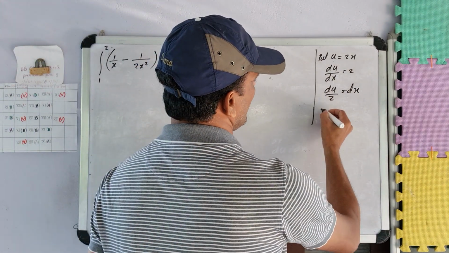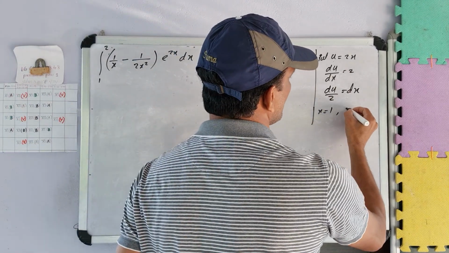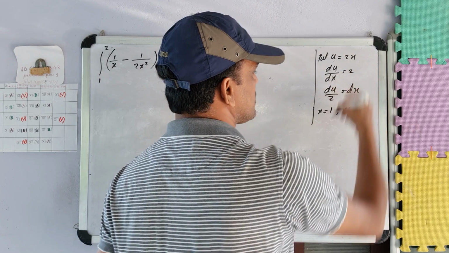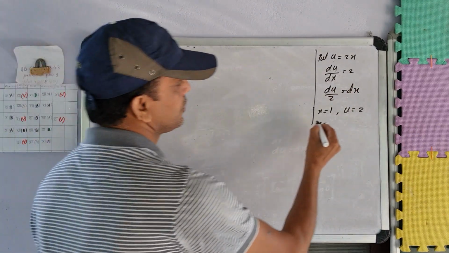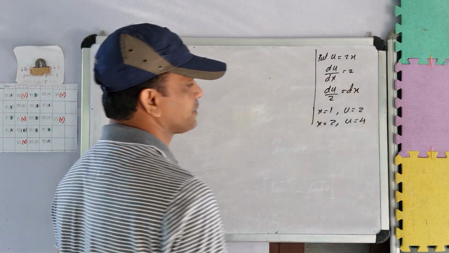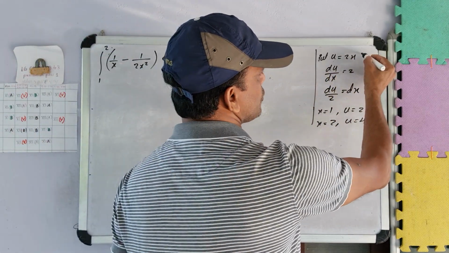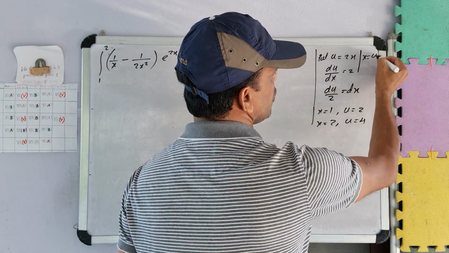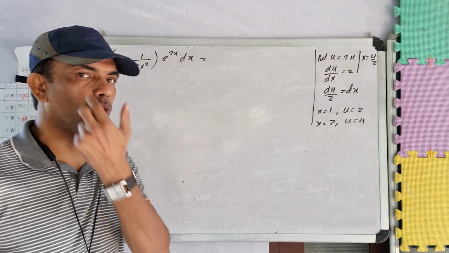If x equals 1, u will become 2 times 1, which is 2. And if x equals 2, then u equals 2 times 2, which is 4. From this, I find the value of x: u equals twice x, so x equals u over 2.